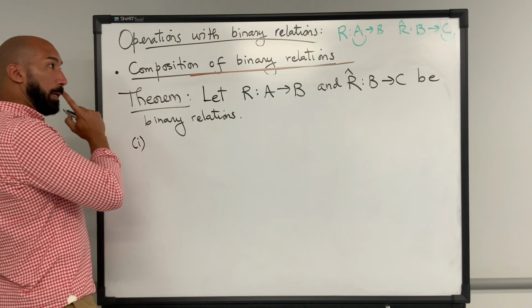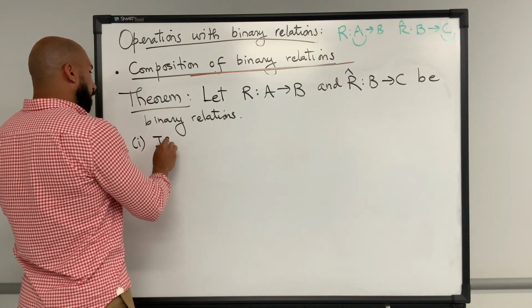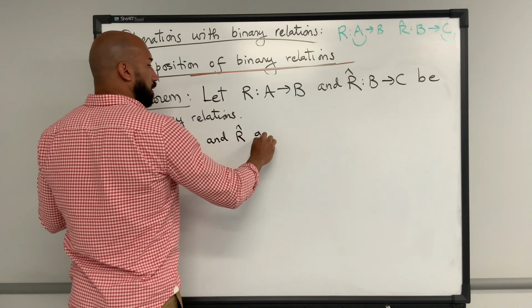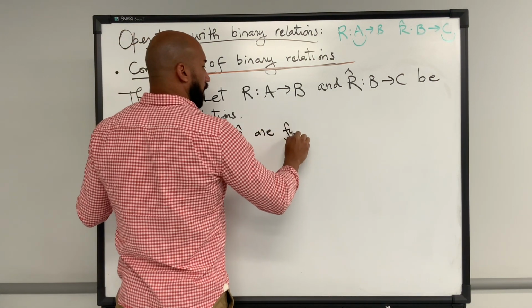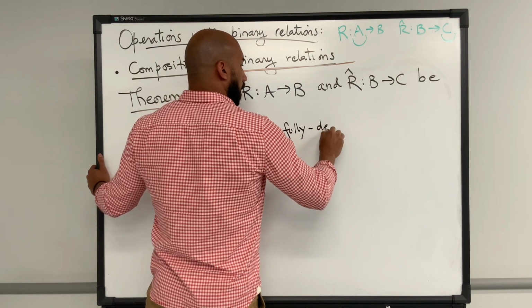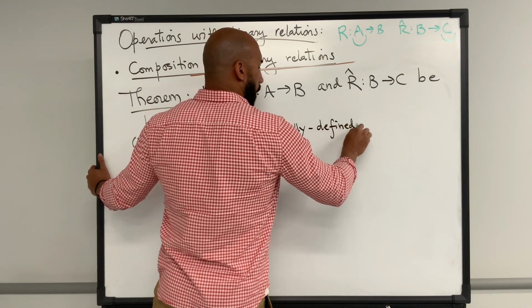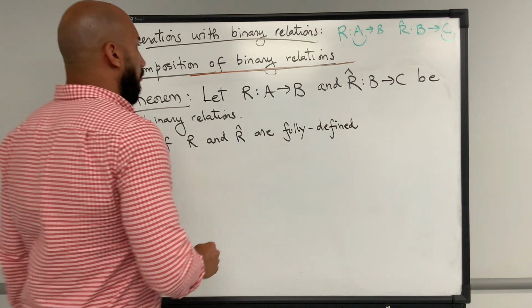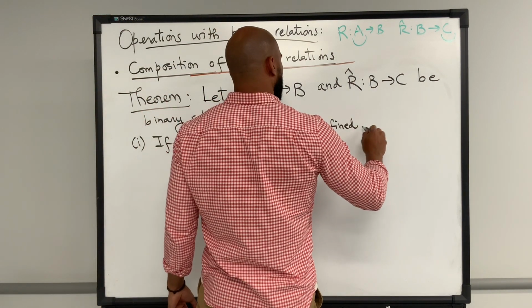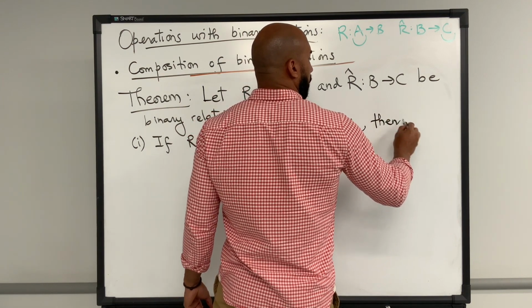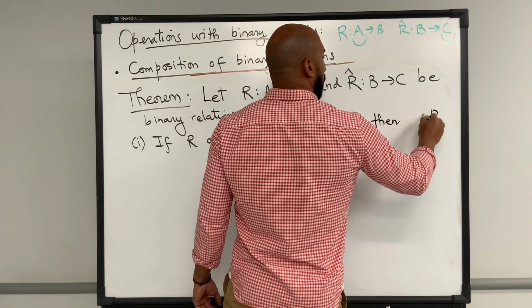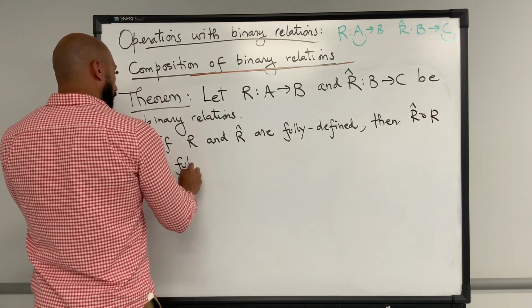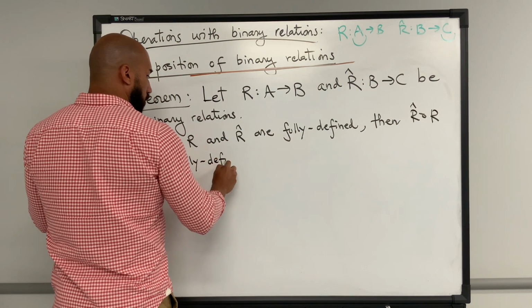The first result here is going to be the following. If R and R hat are fully defined, then R composite R hat is fully defined as well.